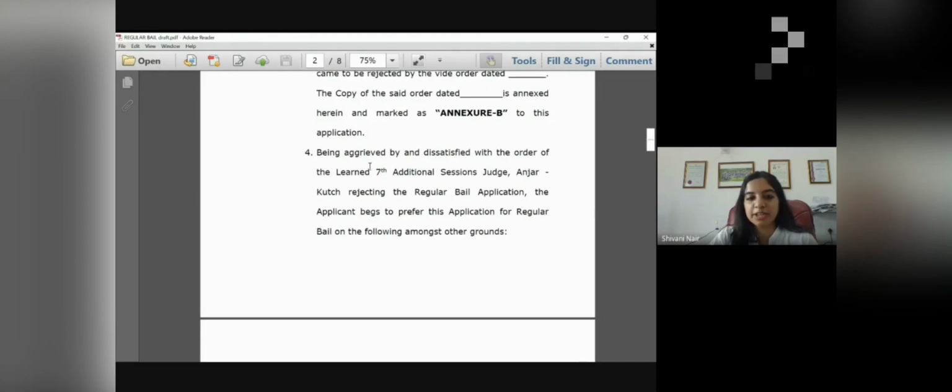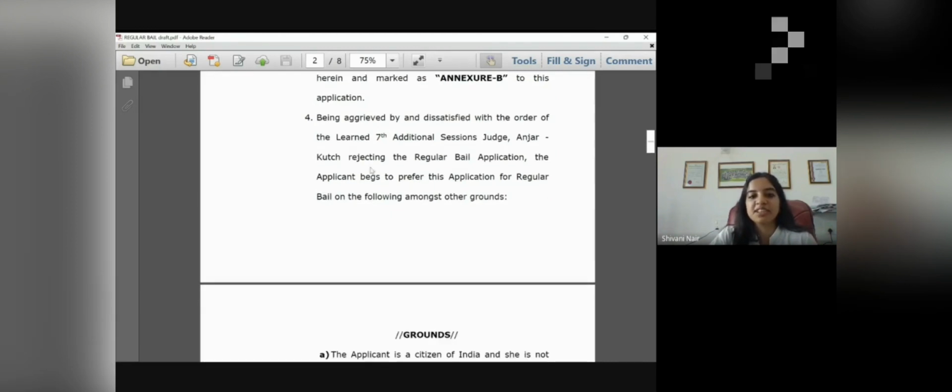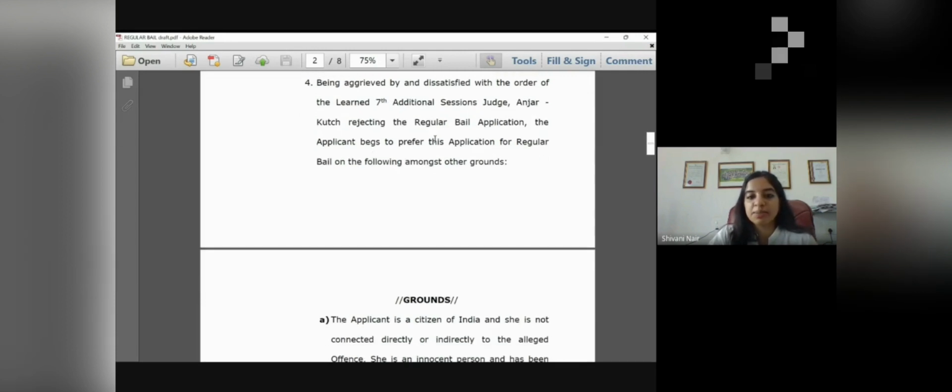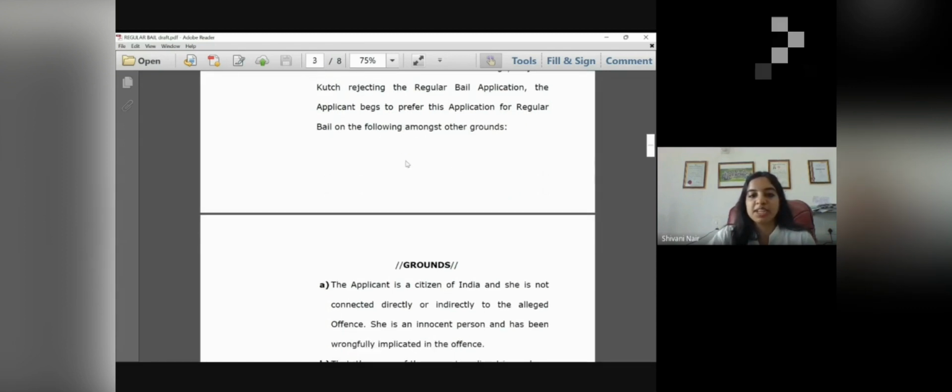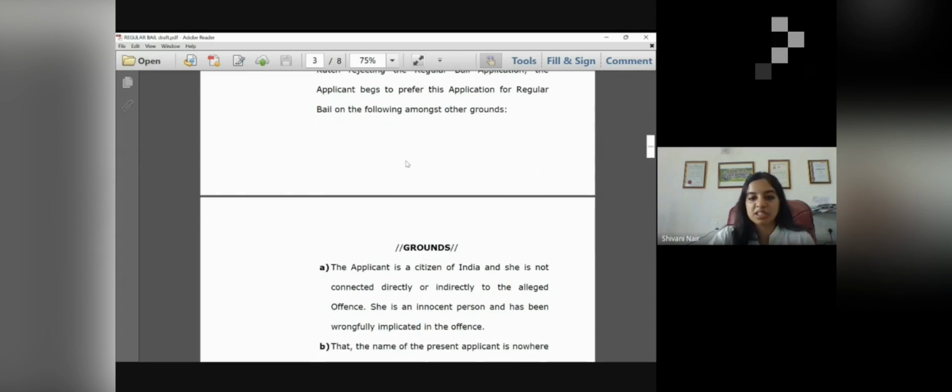Then, being aggrieved and dissatisfied with the order of so and so judge rejecting the bail application, because the bail application was rejected, we have come in front of the Honorable High Court, which prefers this application for regular bail on the following amongst other grounds.